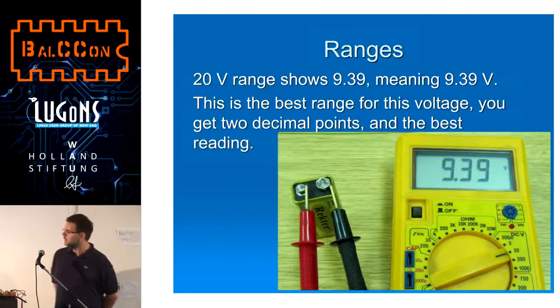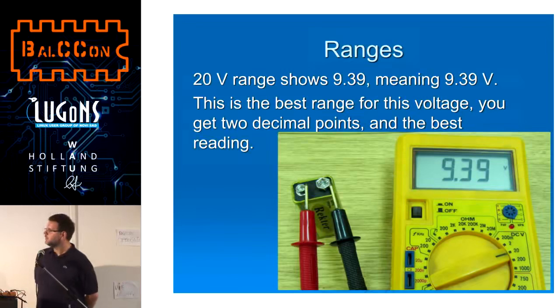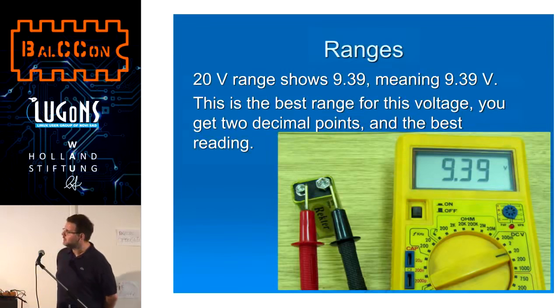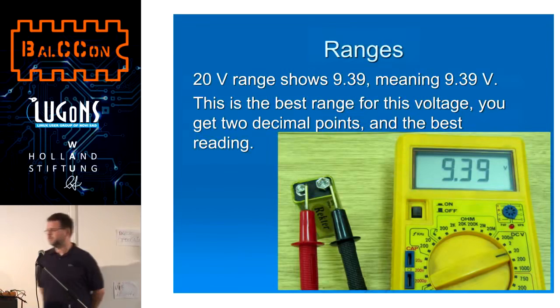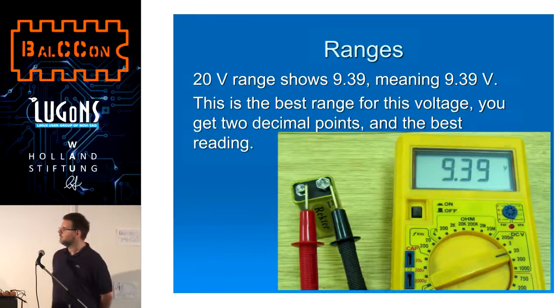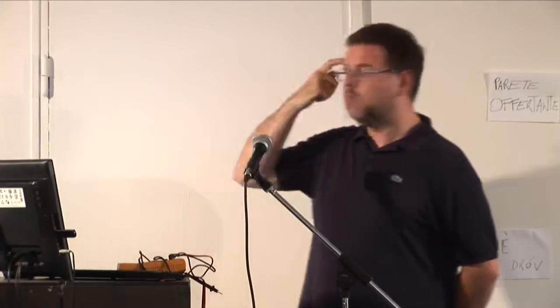If we lower the range, we'll get a more precise measurement. Now we see that it's 9.39 volts. So that's the voltage of a new unused battery. And this is the best possible reading we can get. If we go to lower ranges, we'll get this one.